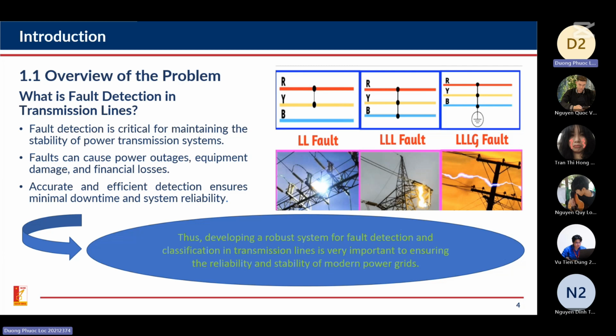This is because undetected faults can lead to serious consequences, like power outages on a large scale, disrupting both households and industry, and severe equipment damage, which can be costly to repair and reflect significant financial loss, adding further burden to utilities and stakeholders.